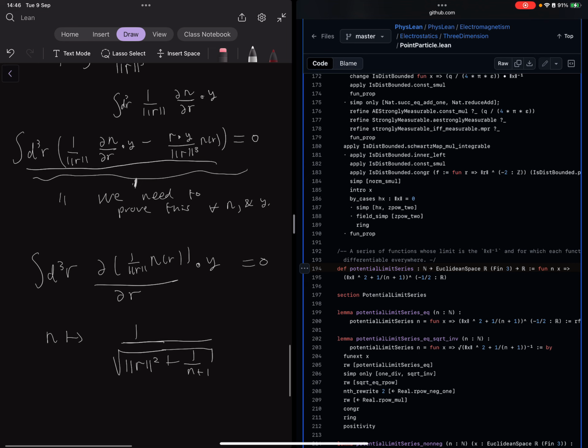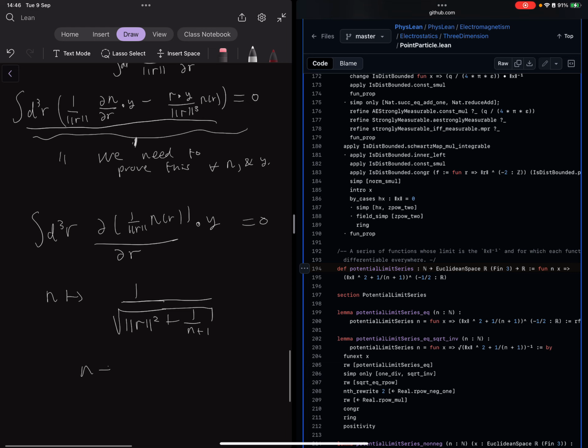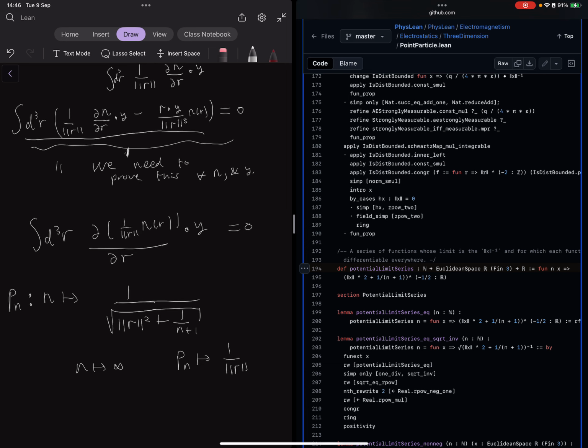Now, you can see that as n goes to infinity, this, let's call this P of n, goes to 1 over r.